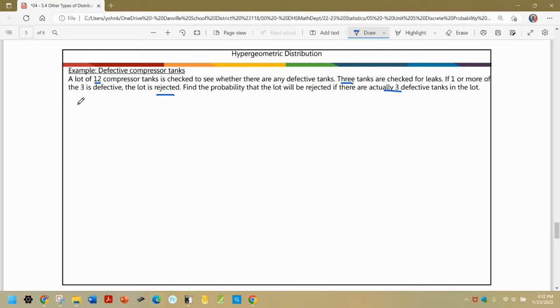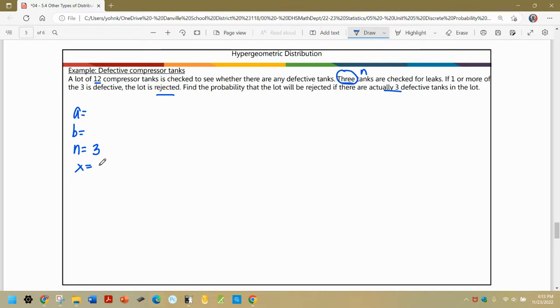Okay, so I need my A, my B, my N, and my X. So my N, kids, is the number of trials. Well, we are picking 3 tanks. So that is my N, 3 tanks. For this, I want exactly 3 to be defective. But when I pick these, it says if 1 or more of the 3 is defective, it's rejected.